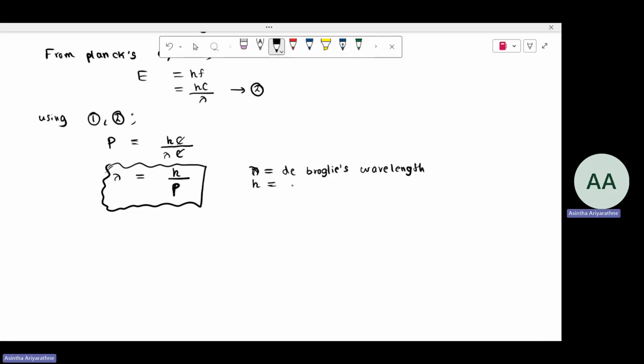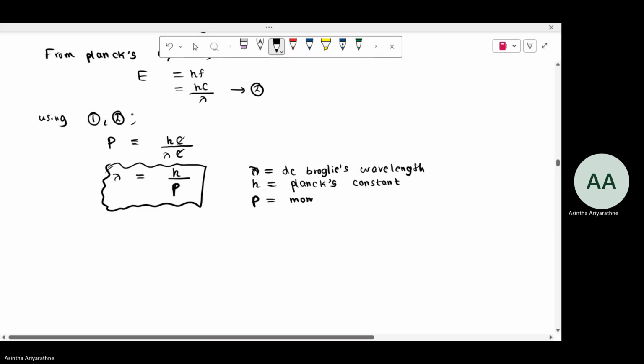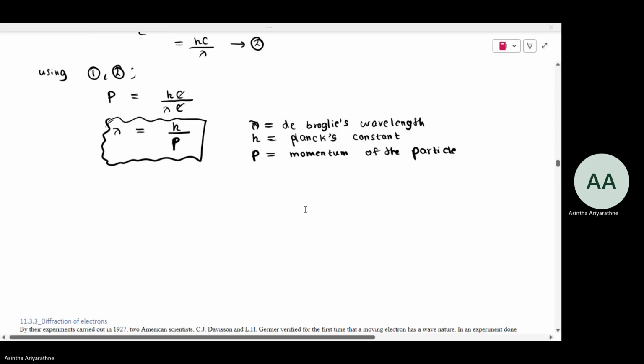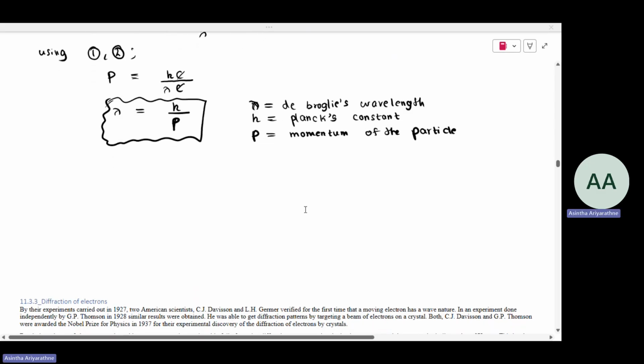h is the Planck constant and p is the momentum of the particle.